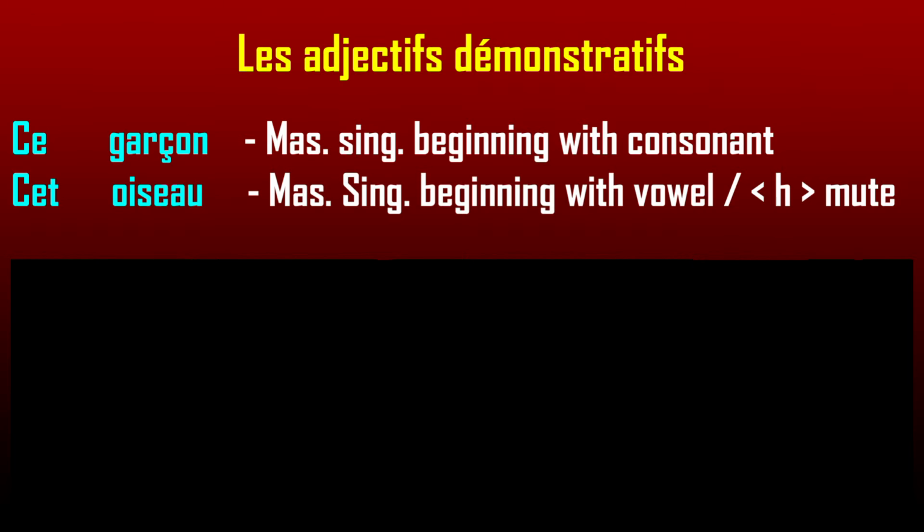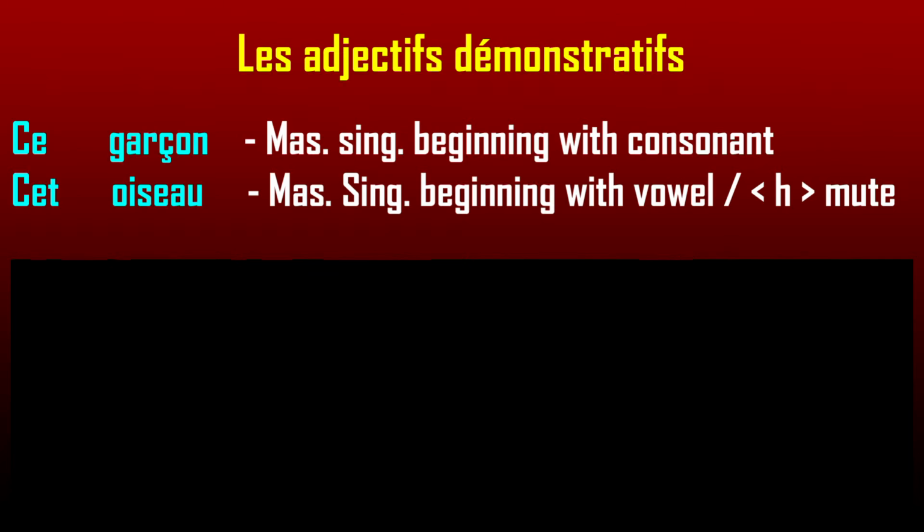So with CE, we add T, a small change in the spelling of the adjective. So instead of ce oiseau, we should write cet oiseau. Ce oiseau, no, it's wrong. Cet oiseau.